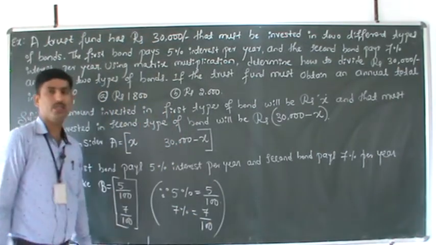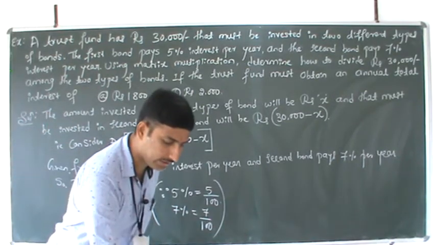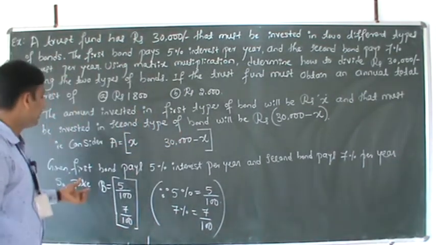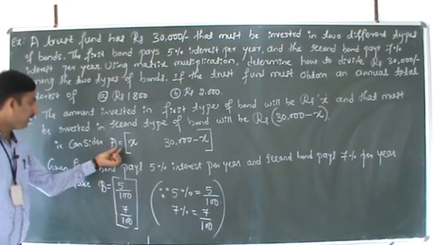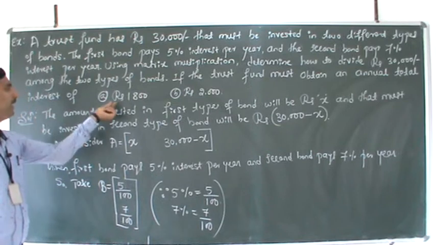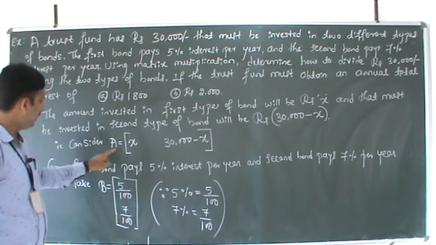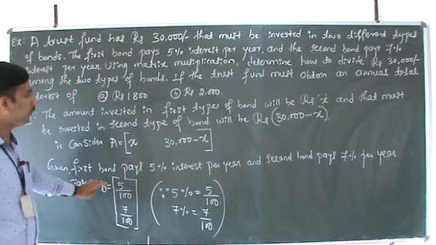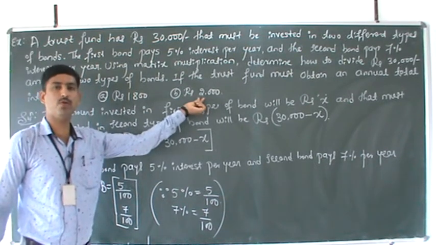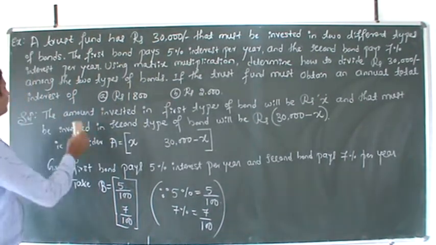Percentage in the sense we should take it as by 100. Correct? These are the steps. Next, what we have to take? Multiplication of these two matrices AB, which should be equated with the rupees 1800 in the first case. After that, multiplication AB, we should equate with the value of 2000. Then you get the result.